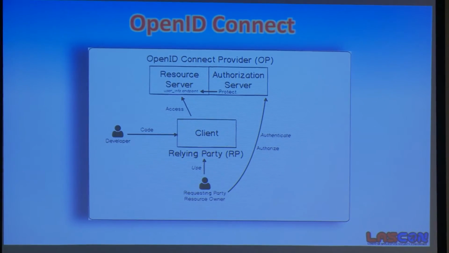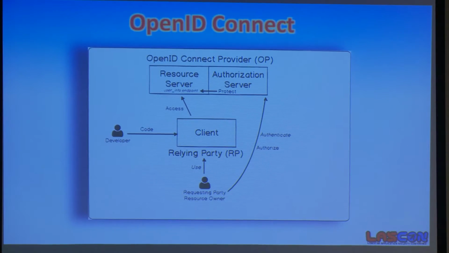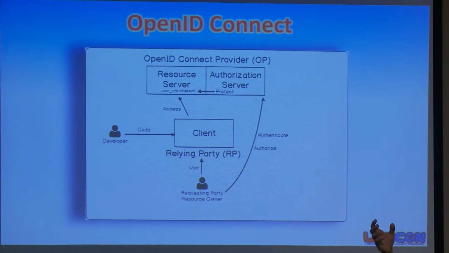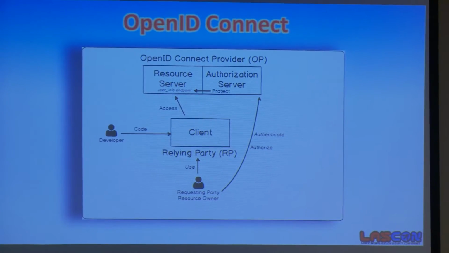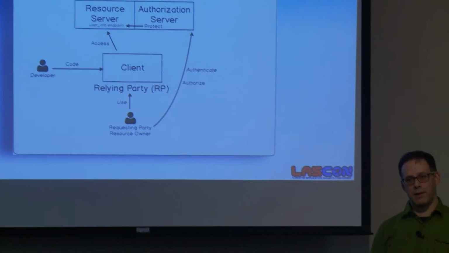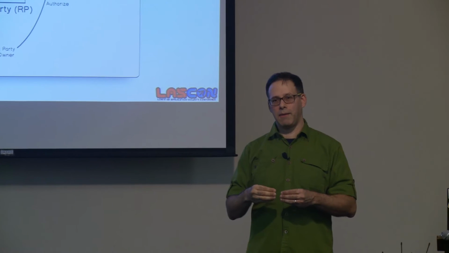There's one other globbing of roles here, which is that in the first OAuth diagram, we had the resource owner and the requesting party were different. But in OpenID Connect, they're the same. So it's me giving access to my information.